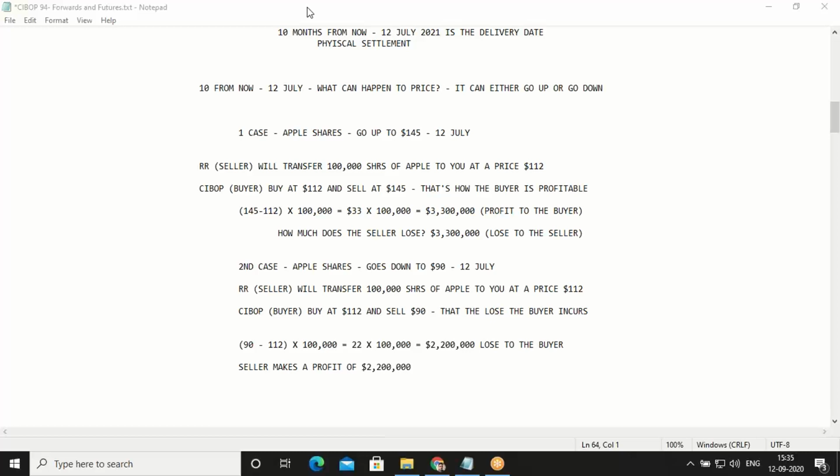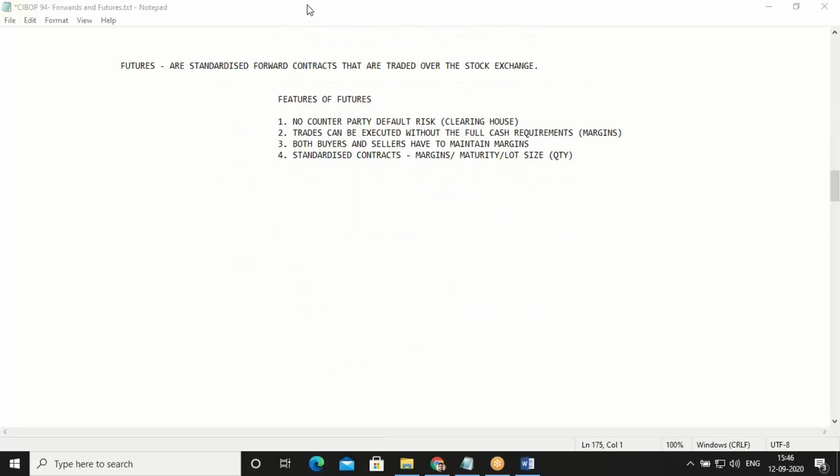The logic is more or less the same as a forward contract, but there are a couple of huge differences that we'll talk about. But it's traded over a stock exchange.